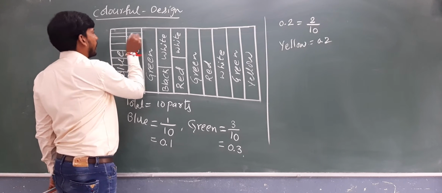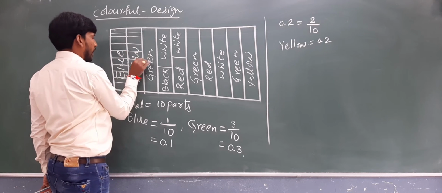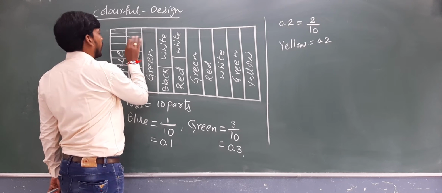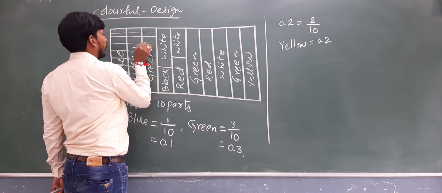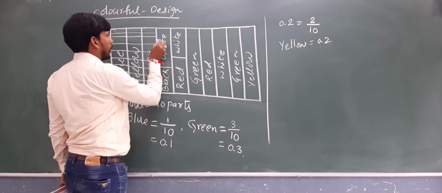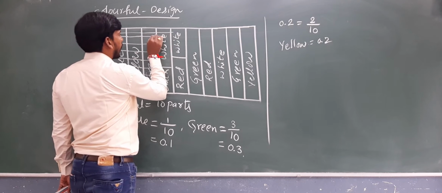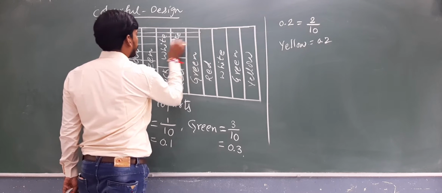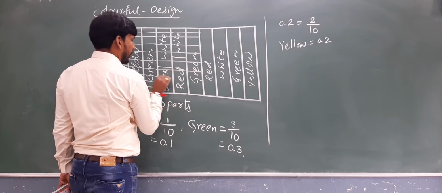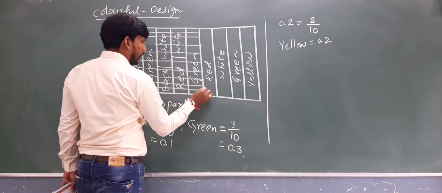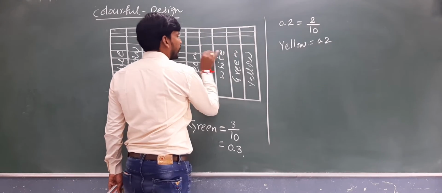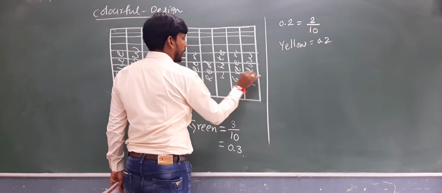Like that, they are drawing it. They divide this again into how many parts? Totally these 10 parts, again they are drawing 10 more lines to divide into 100 parts.